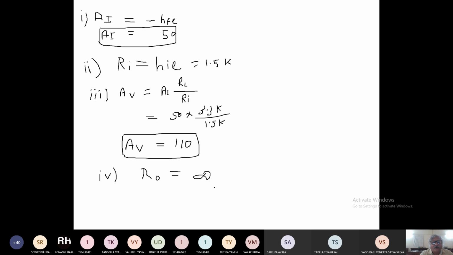But in approximate analysis formulas, when we derive them, we consider it as infinite, a very high value. So you try to solve it by exact analysis also. Okay, then we will see another example.